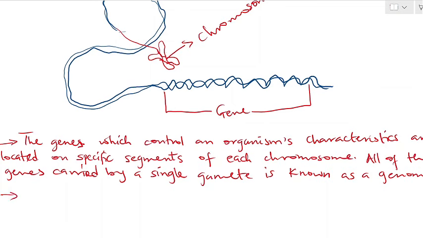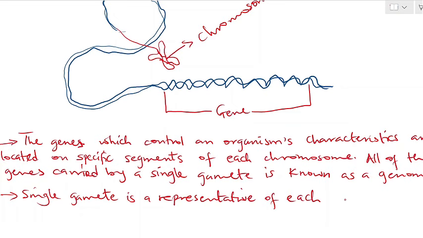So the single gamete in question is a representative of each of all chromosome pairs.